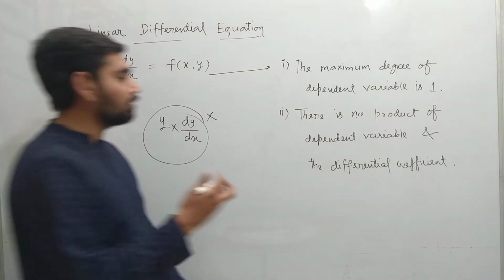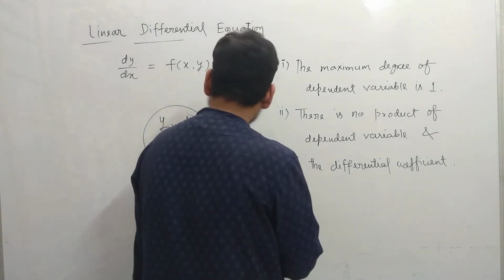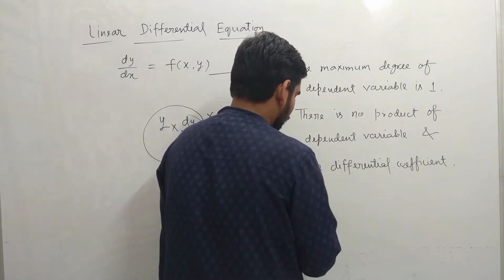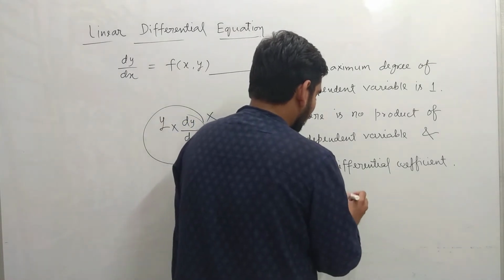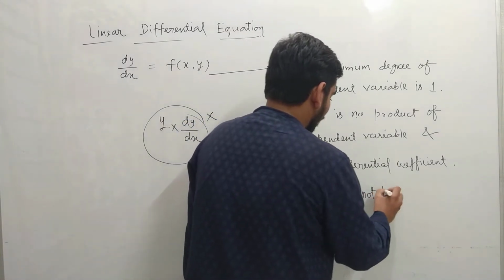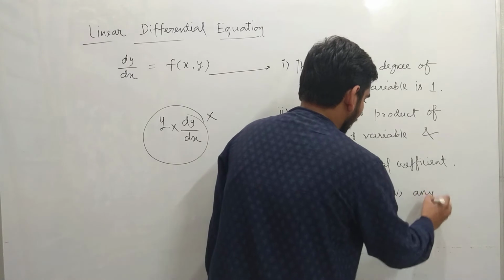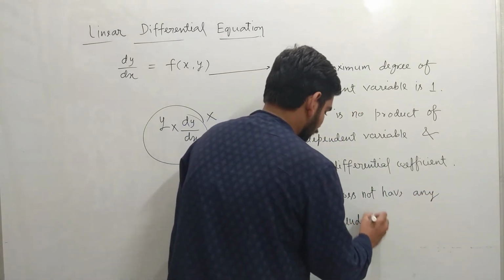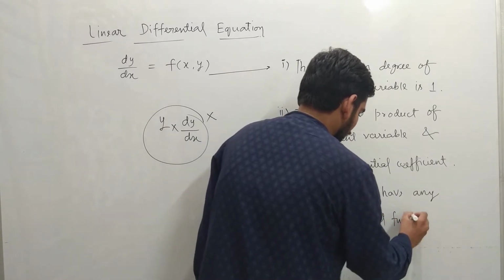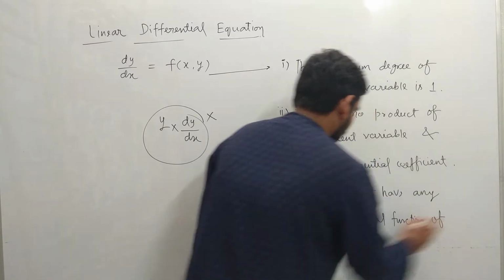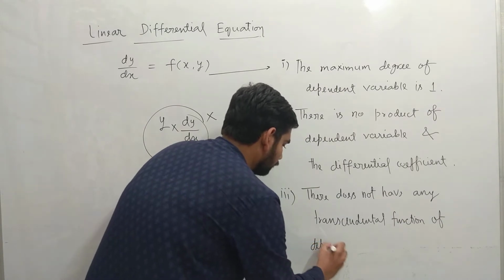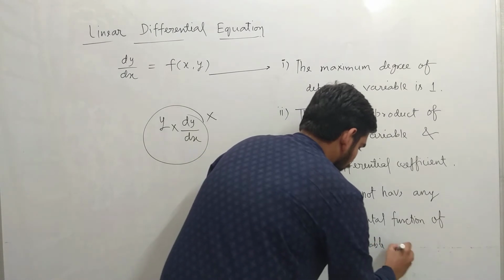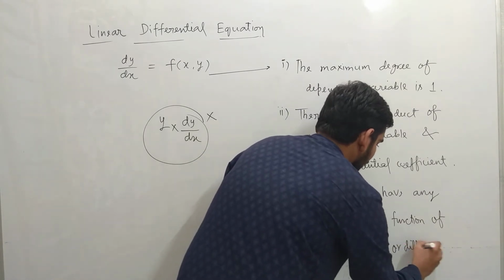And the third property that must be satisfied is, there does not have any transcendental function of the dependent variable or differential coefficient.